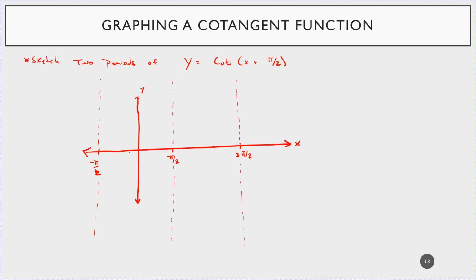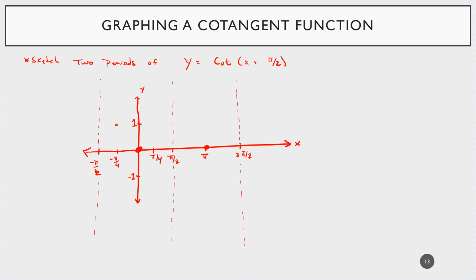Okay, so watch this. Right in the middle of negative pi over 2 and pi over 2 is 0. Between pi over 2 and 3 pi over 2 is pi. So there's that next one there. Between negative pi over 2 and 0 is negative pi over 4. And then obviously between 0 and pi over 2 is pi over 4.